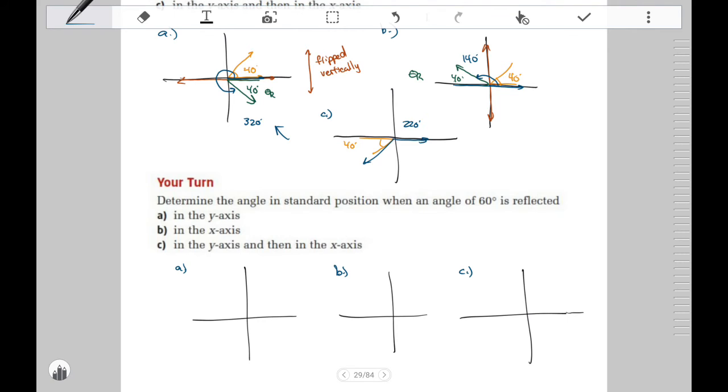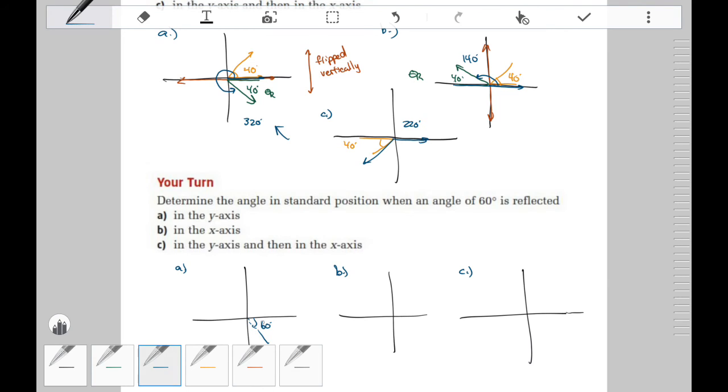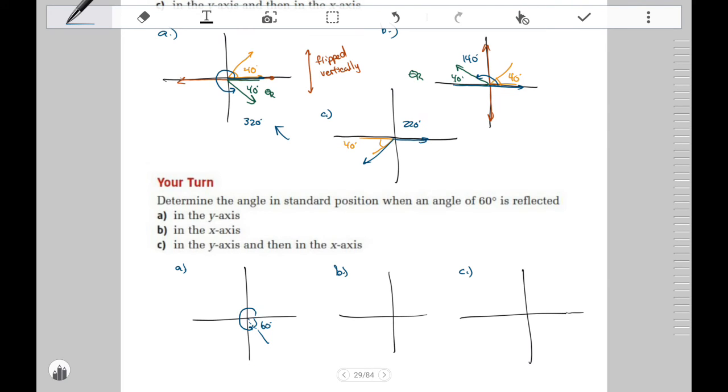So for A, 60 degrees is vertically flipped, so it's down like this. That means our angle that we're talking about is 300 degrees. For B, it's horizontally flipped, so 60 degrees is here, flipped, brings it over here.